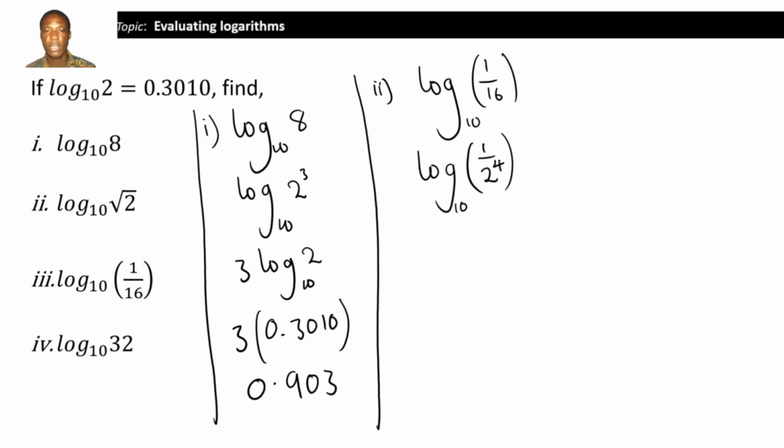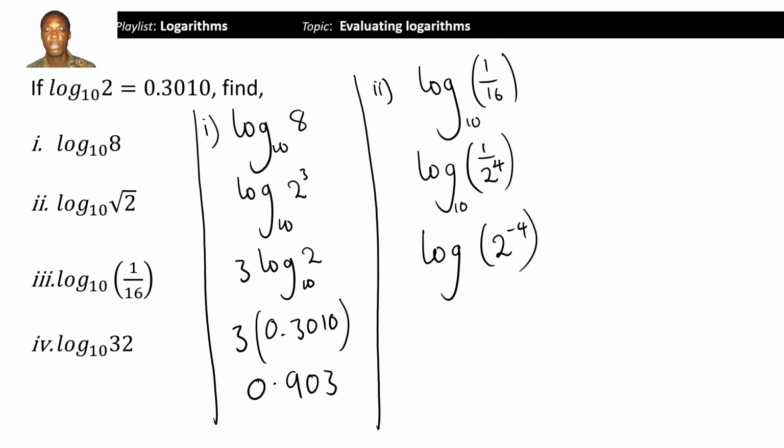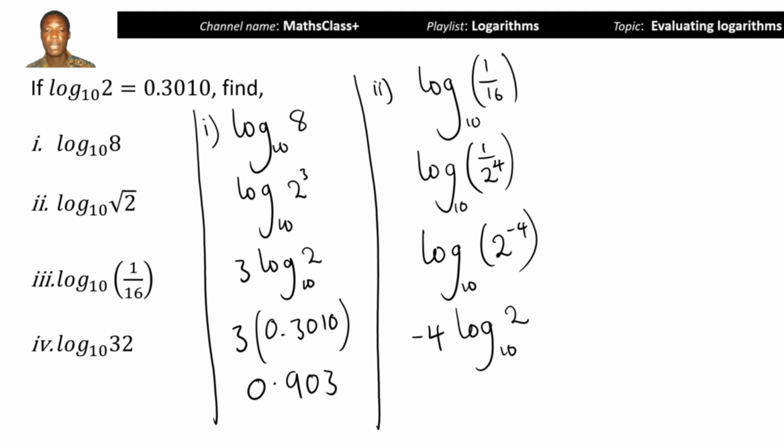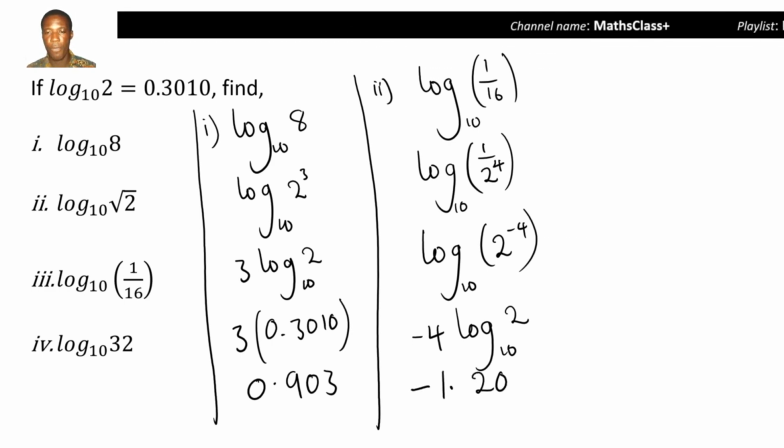So this gives us log of 2 to the power negative 4 to the base 10, which we will write as negative 4 log 2 to the base 10. And that gives us negative 1.204.